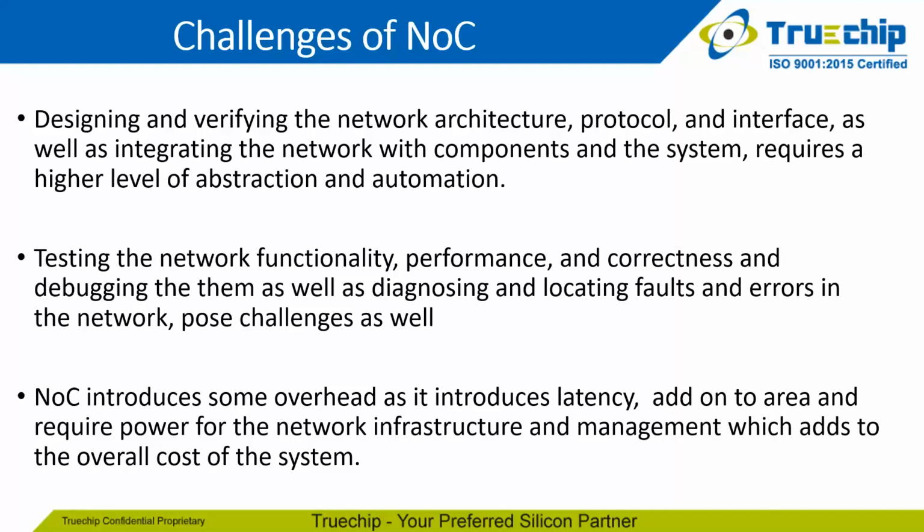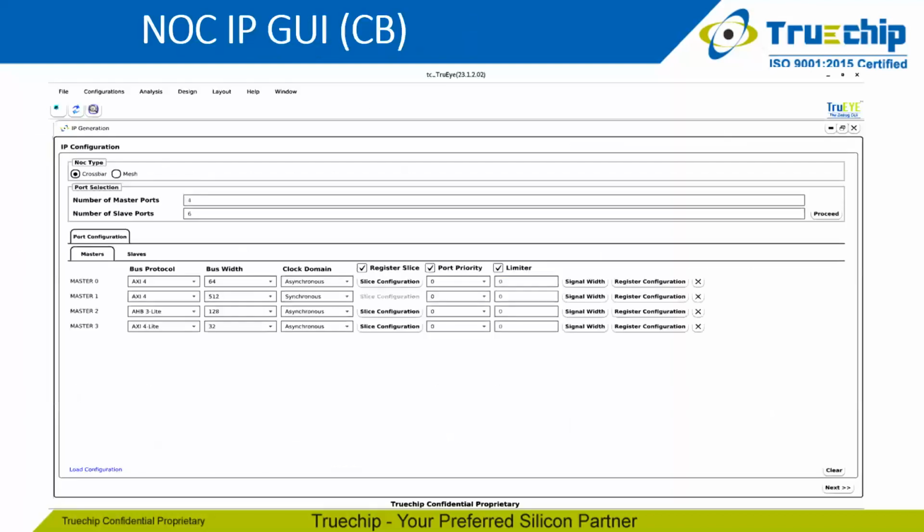Now let us look at the TrueChip IPG. How does it actually help us in generating different kinds of NOC? This is a snippet that we can see over here of the Truechip IPG. What we can do in IP generation, first we are going to look at the IP configuration, in which we get to choose if the NOC type is a crossbar or a mesh.